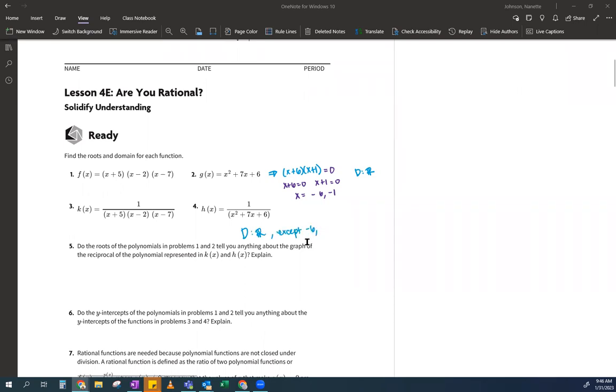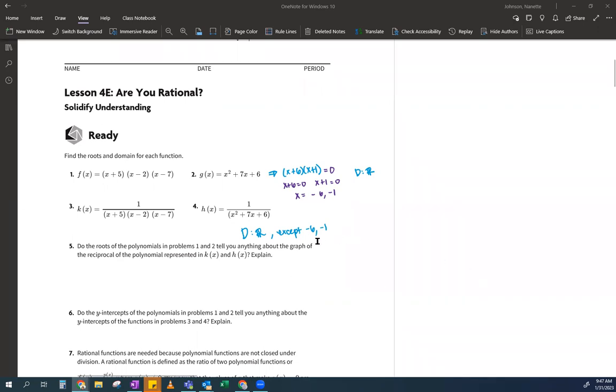What's weird here is that we're saying we can't have x being -6 and -1 for this one, and here we say x is equal to -6 and -1 for our roots. That's because our roots mean when it's equal to 0, and our domain restrictions are when our denominator equals 0. Do you see how those two play together? Does that make sense?